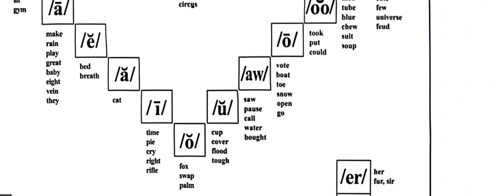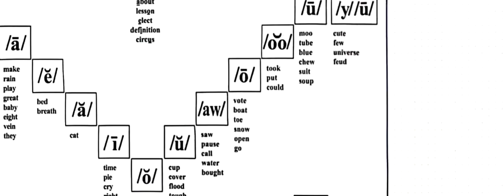And so oat, boat, toe, snow, go. So you can make this long O with O consonant E, OA, OE, OW, O as the first vowel in a word, or O as the last vowel in a word.